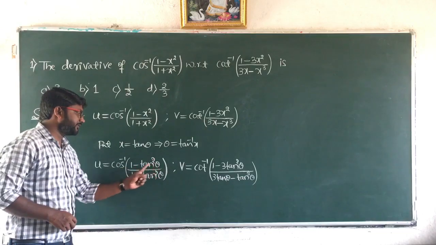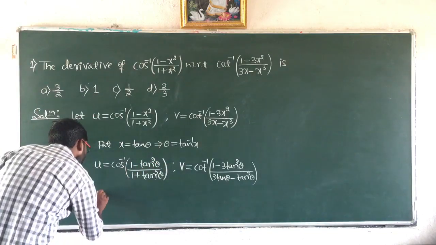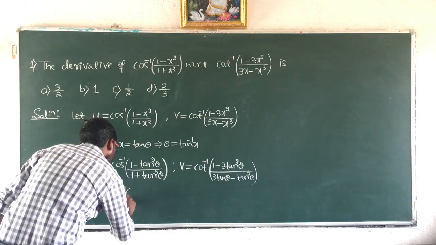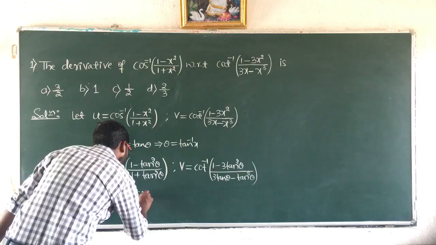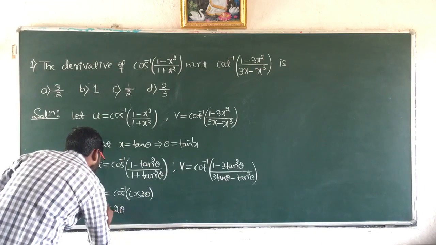Now (1 minus tan square theta) divided by (1 plus tan square theta) is nothing but cos 2 theta. U is equal to cos inverse cos 2 theta, so u is equal to 2 theta.